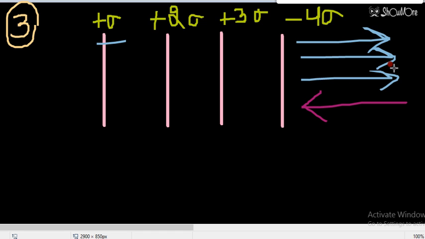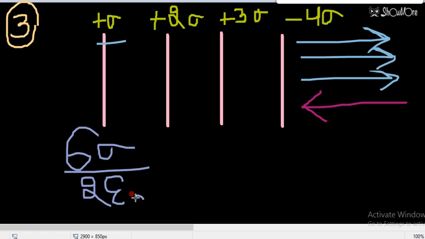Towards the left it is 4 sigma by 2 epsilon naught. Towards the right you can see 3 sigma, 2 sigma, sigma, so it will be 6 sigma by 2 epsilon naught.